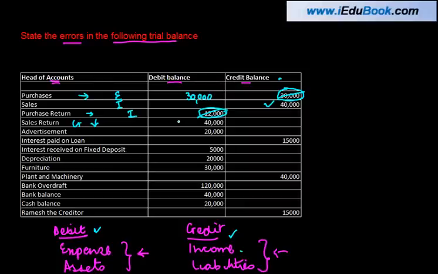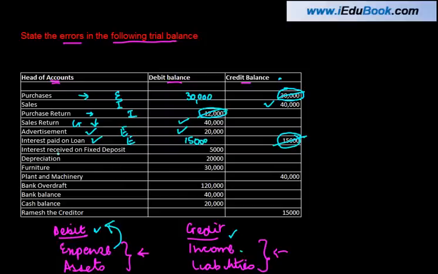It's a debit item, so this is correct. Advertisement is an expense. An expense has a debit balance. Correct. Interest paid on loan is again an expense. An expense has a debit balance, but here it is reflected as credit. So this is incorrect. It should come on the debit side, right?